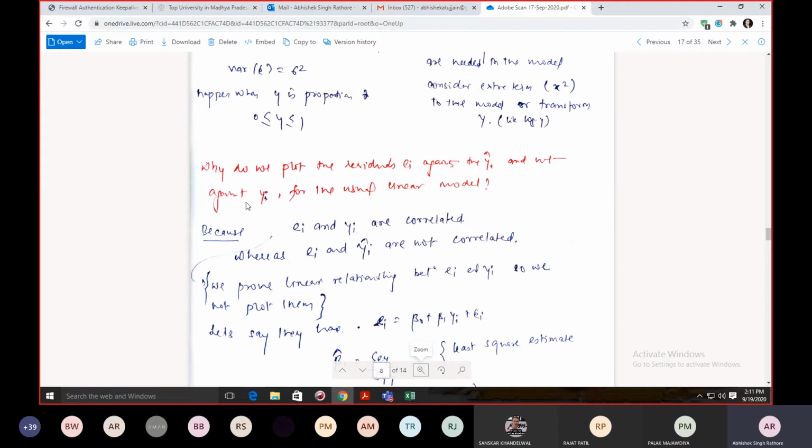When we plot ei, or residuals, against the original value of y, these are usually correlated, and when we have correlated values we get an elliptical structure, which we have also seen. So instead of plotting with the true value of y, we have to plot on the estimated value, because ei and estimated y's are not correlated.